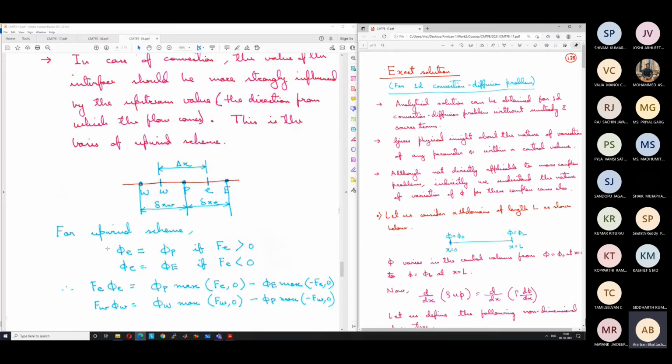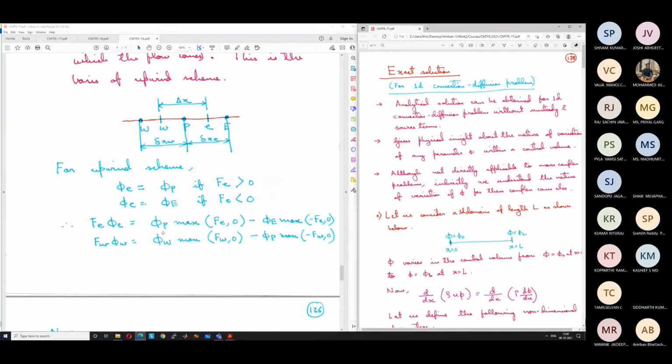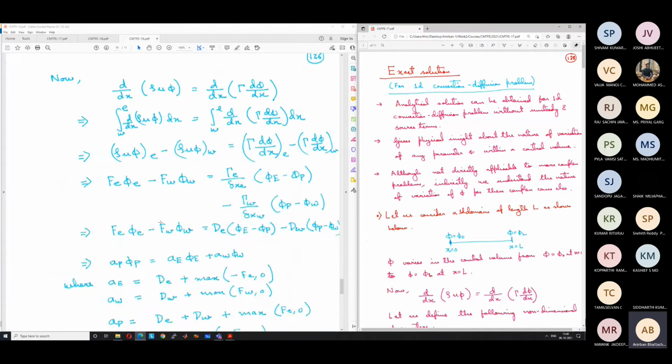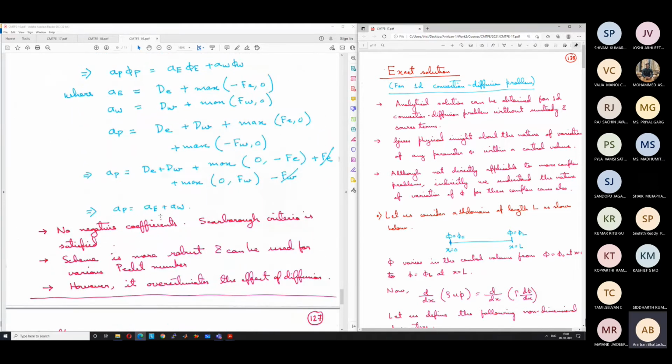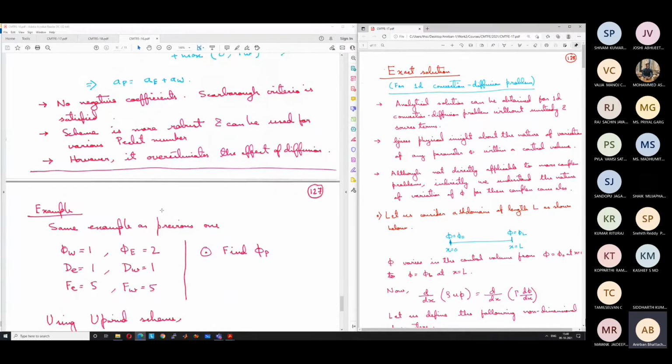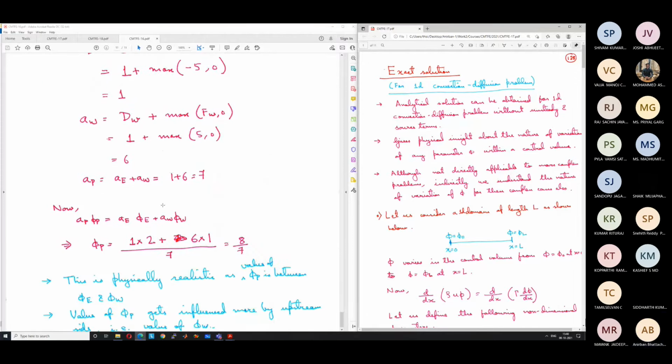Diffusion is still based on linear interpolation. This was just for the flow term, and with this we derived a discretization method which we called the upwind scheme. We saw that it works well in the case of high flow rates also, where the central difference scheme failed.